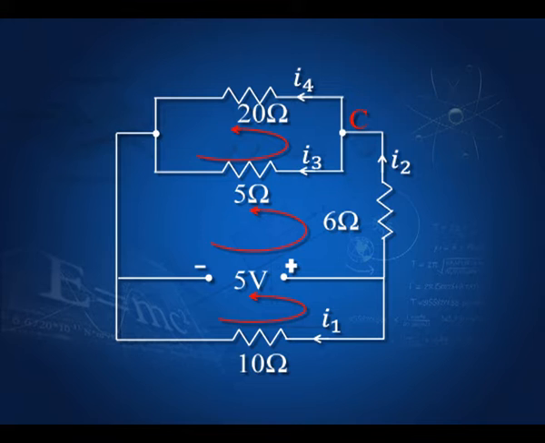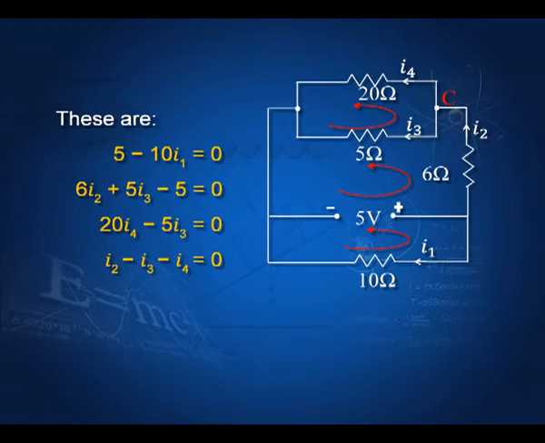You see how many currents there are: I1, I2, I3, I4. So, we have to determine all the 4 currents. Then we need at least 4 equations. 3 equations we will get from the loops, one loop, one loop, one loop. One loop is this, another loop is this, and another loop is this. So, we have chosen these 3 loops, and one we will use junction C.